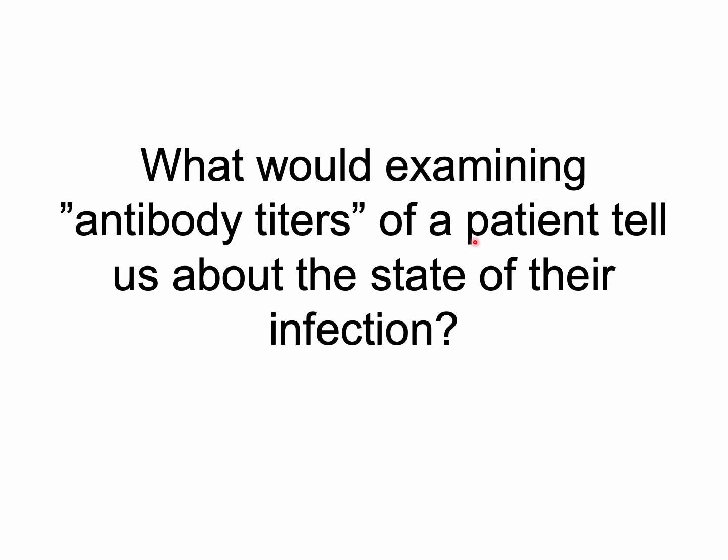Well, let's say you have a patient and you're observing their antibody titer, or the amount of these different types of antibodies in their system. What would that tell you about the state of their infection? If you observe a high level of IgM, that will tell you that that is their initial exposure to that antigen, which is very useful in determining how that certain infection should be treated.